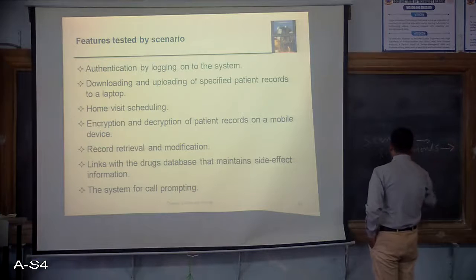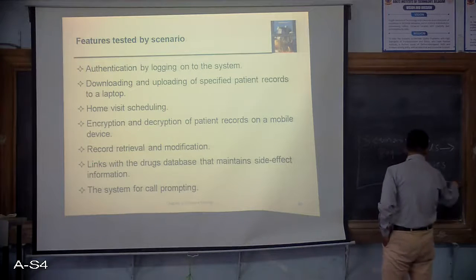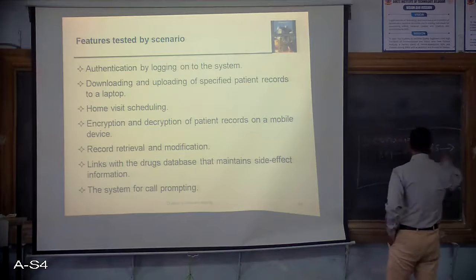For these requirements, we are going to design test cases. This is the normal phenomenon taken care of by designing the test cases.